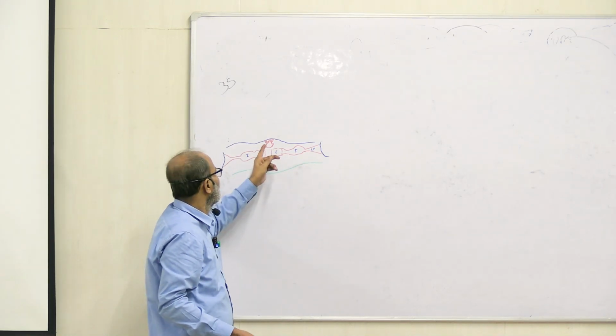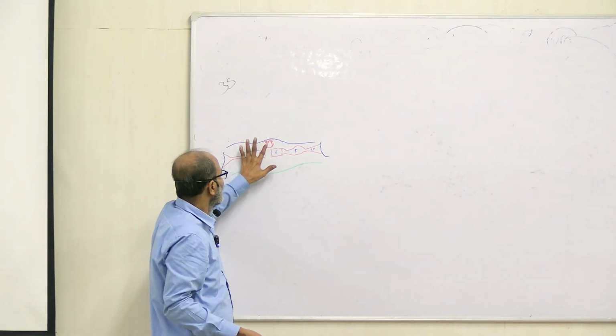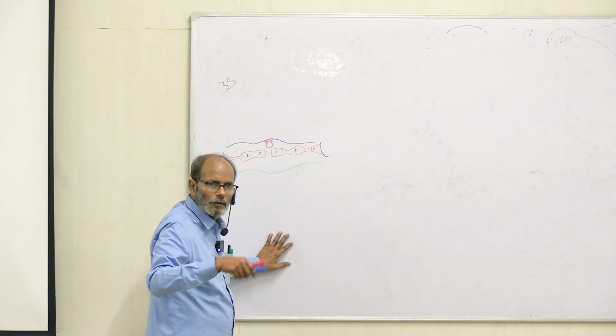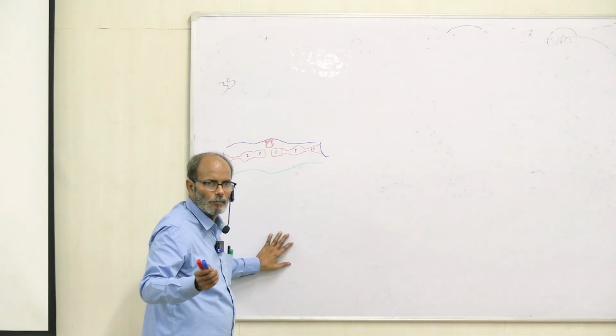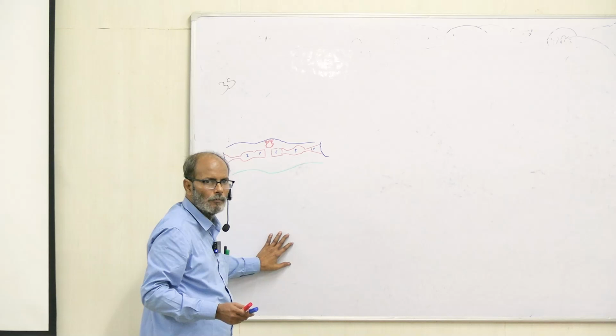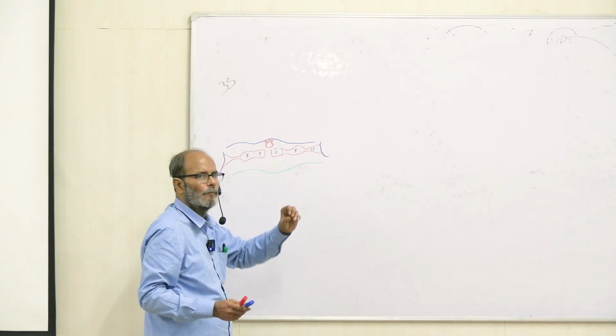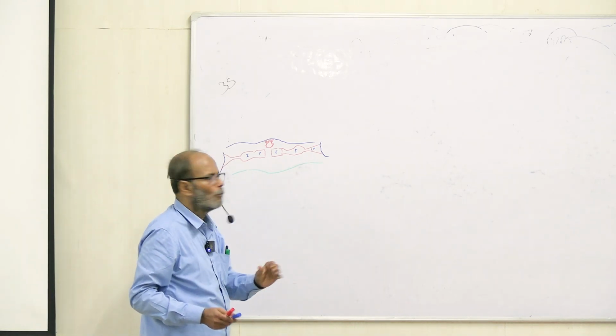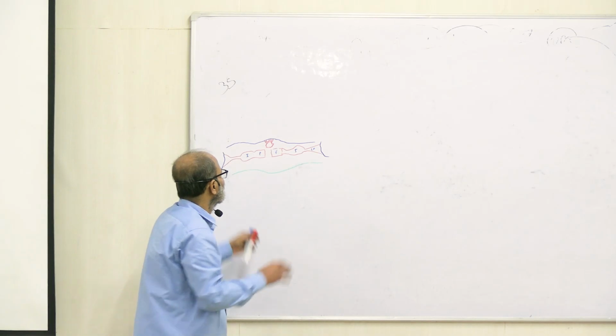Right? In the midline, there is proliferation of the surface ectoderm, giving rise to neuroectoderm, gradually forming a rounded tube which gets detached from the surface.